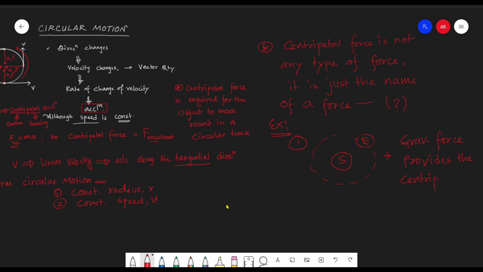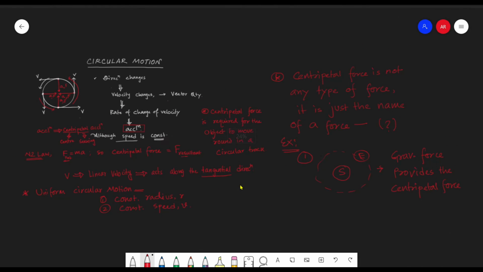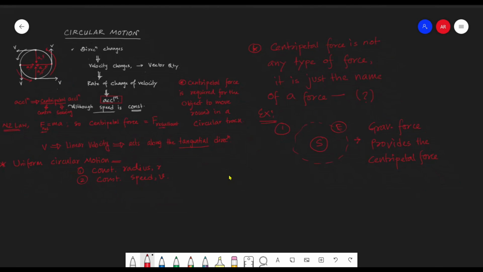In the second example, you see the electron is orbiting the nucleus. Electron, being a negative charge, is orbiting a positive charge nucleus. Why is it so? It is because the electric force between these two charges is providing the required centripetal force, which is why this electron is orbiting the nucleus. So there are numerous examples in this regard you can find.